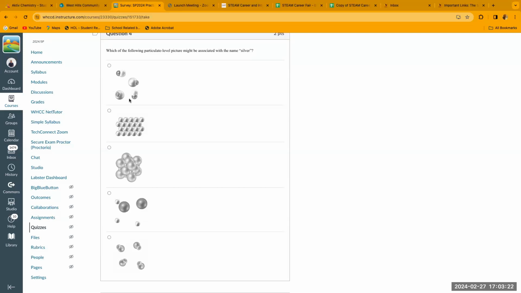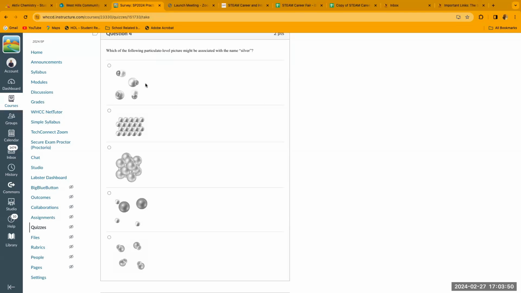So if we take a look at the very first one, what does that look like? We have a little black ball attached to a white ball, a little black ball attached to a white ball, and then we have a bigger, grayish ball attached to a darker grayish ball. So what would you guys think this would represent? Would that be a mixture? Would that be an atom or a single atom?